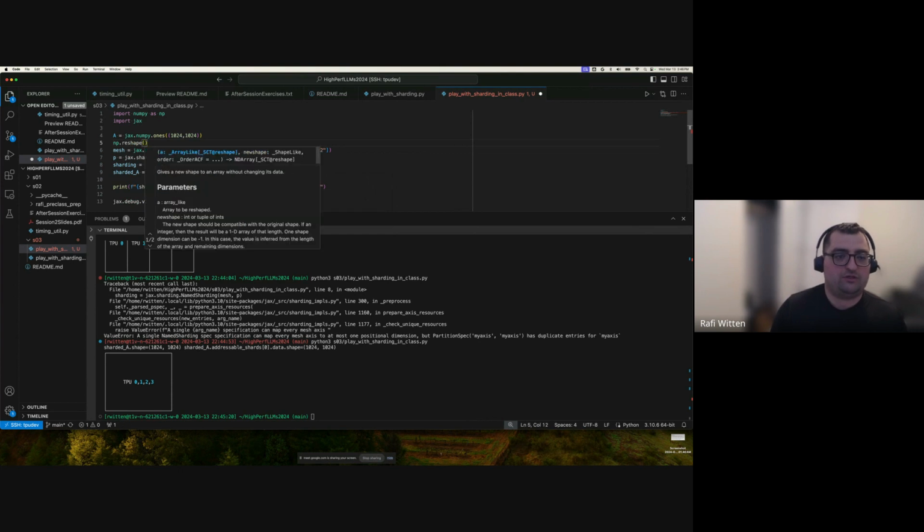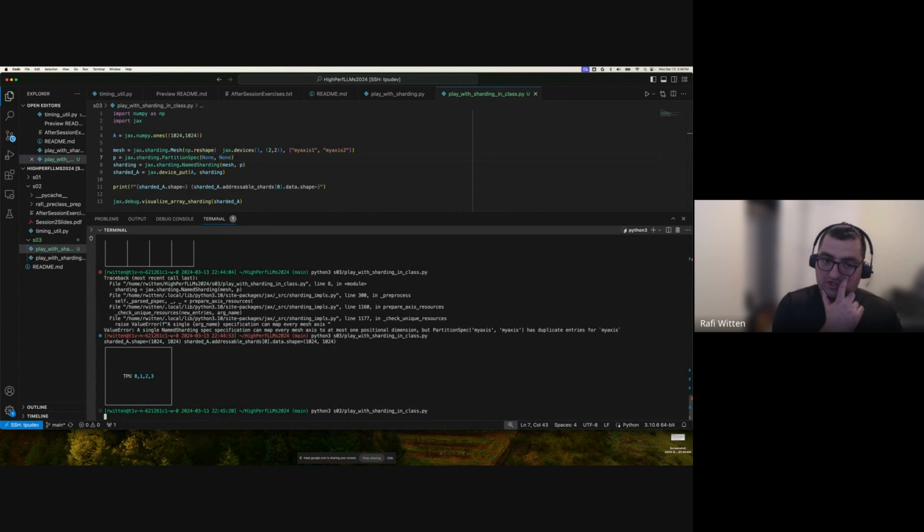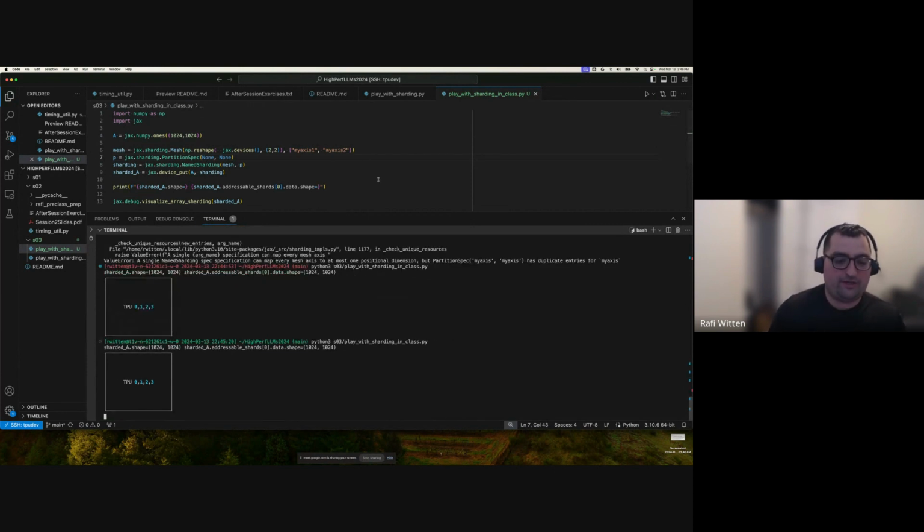Array like, okay, yeah, cool. My devices, and then we'll put 2 by 2. Okay, and that'll be our mesh. And now, okay, well now we can run the same thing, and the data will be fully sharded. It will be fully replicated over all 4 dimensions. But we can go in here, my axis 2.